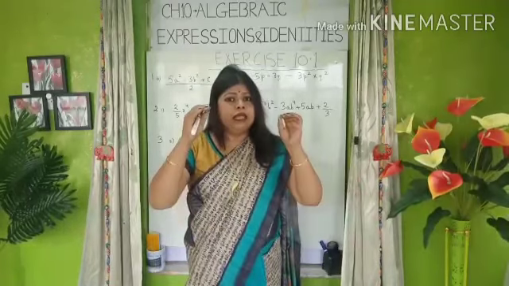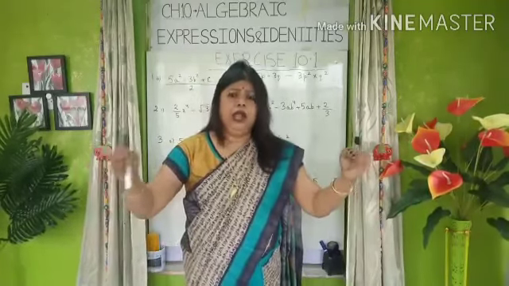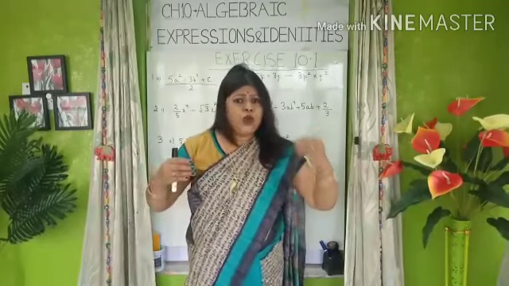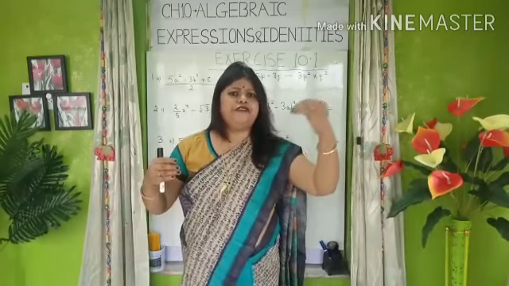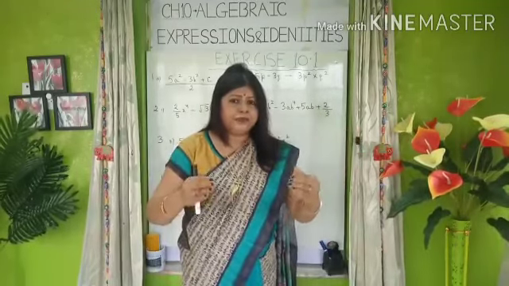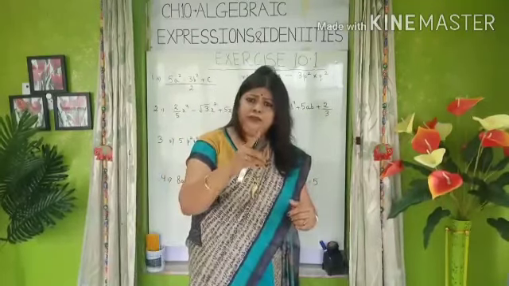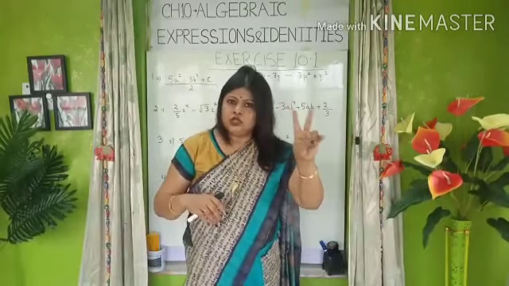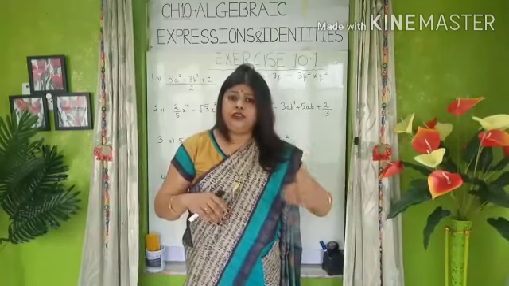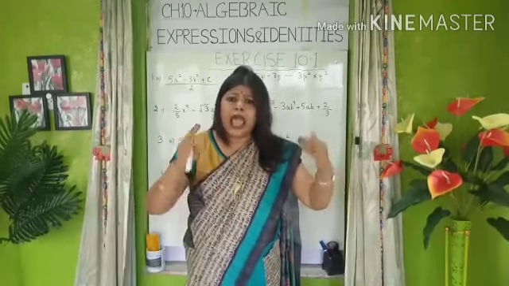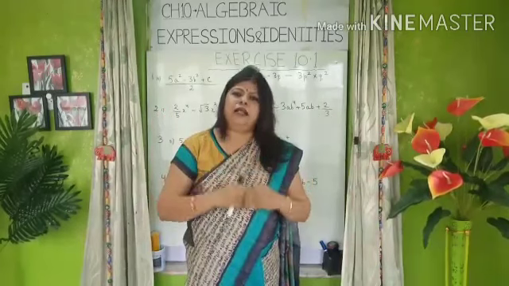Okay? Depending on their number of terms, we call them in different manner. Like, if there is only one term, monomial, 2 terms, binomial, 3 trinomial, 4 and more than 4 multinomial.